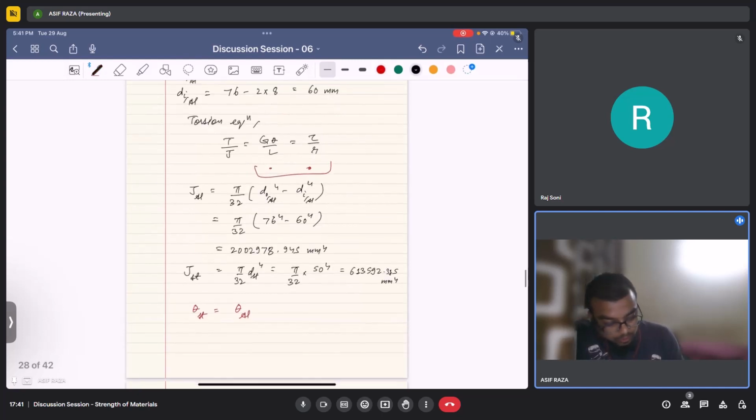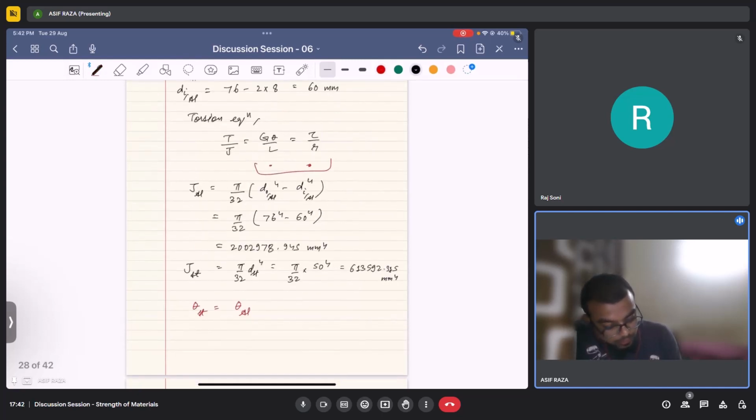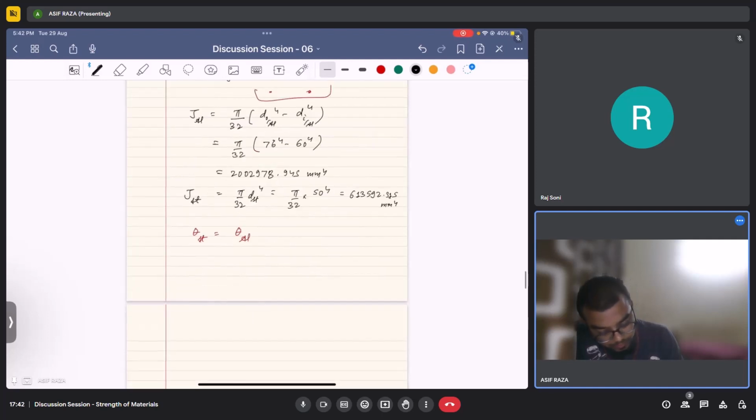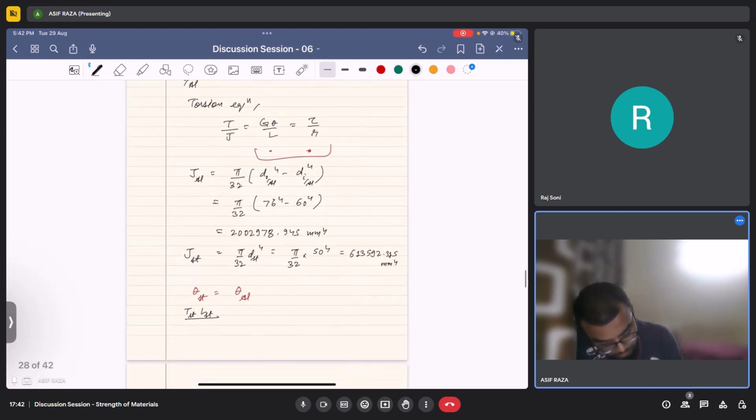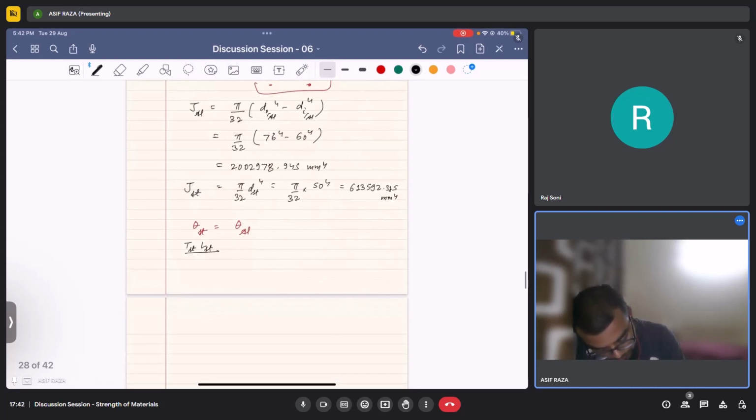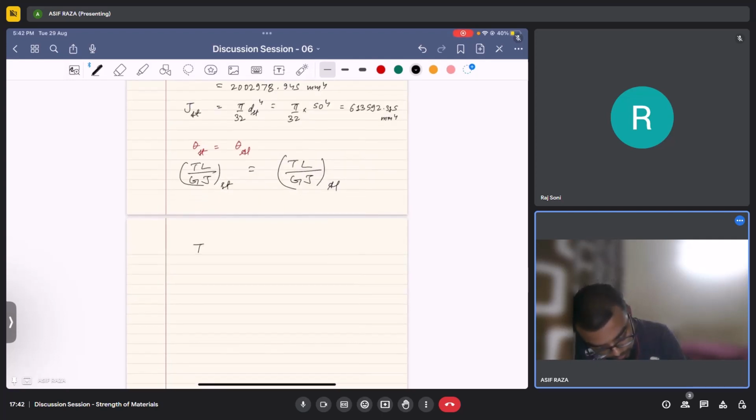Now, if I try to use the first two expressions, that will give me T steel L steel upon G, rather TL by GJ steel equals TL by GJ aluminium, and T and L would be the same for both.